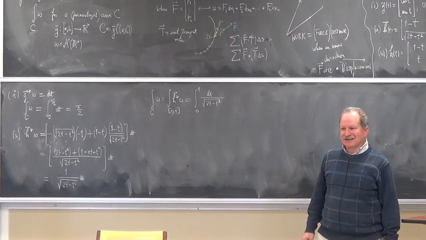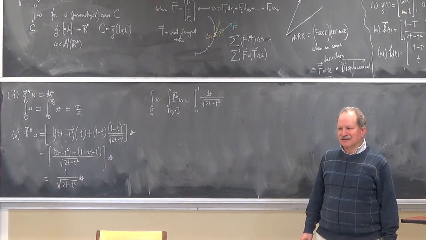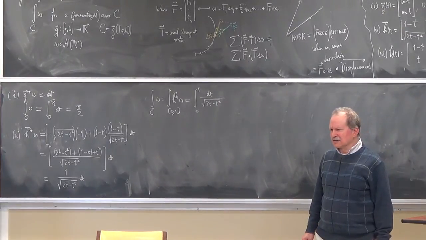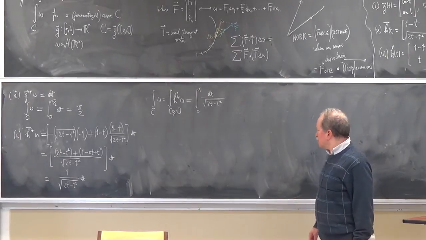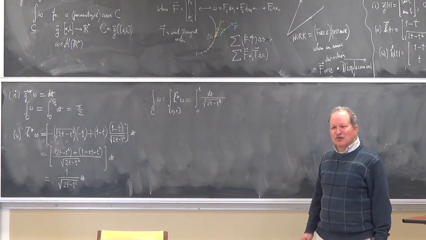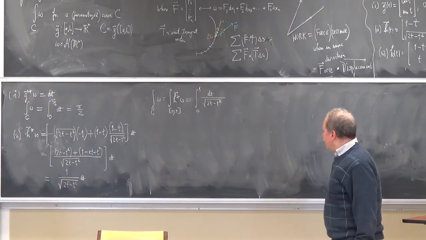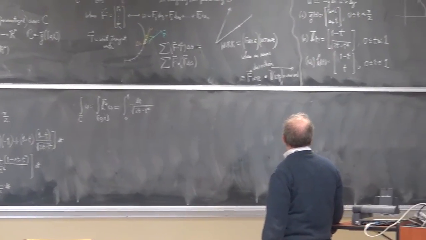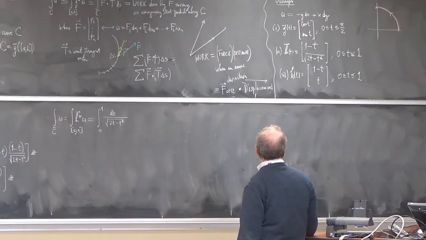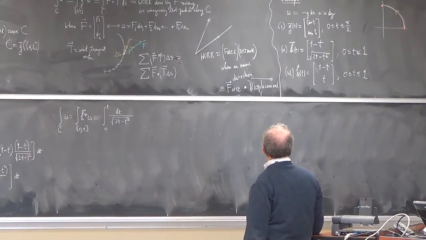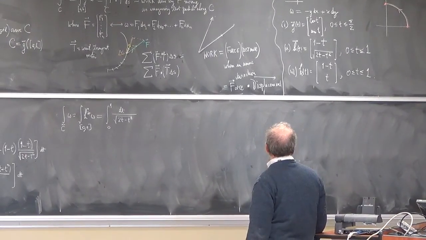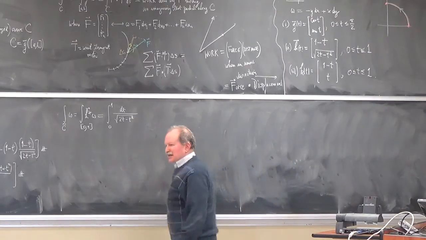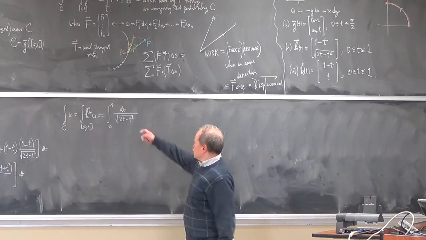Well, no, it's not at 1. It's 2 minus 1, not 0. But it is improper. So it's only singly improper, because it blows up at t equals 0.